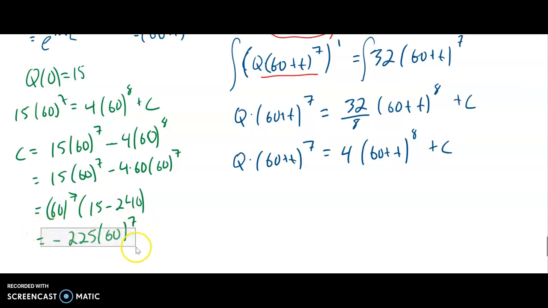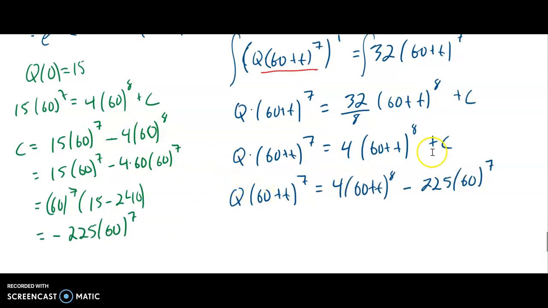I'm going to write it like this. So I get this line right here, which is just replacing the c with this value that we found. The next step is divide by 60 plus t to the 7th on both sides. That gives me q equals, when I divide this into this one, 4 times (60 plus t), because 7 of them cancel with the 1 there.